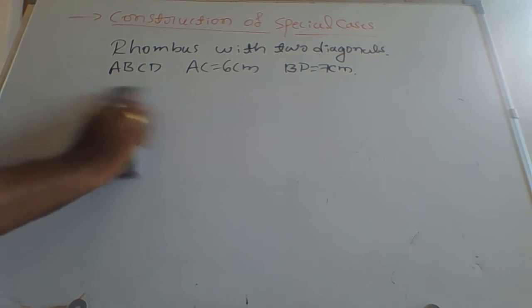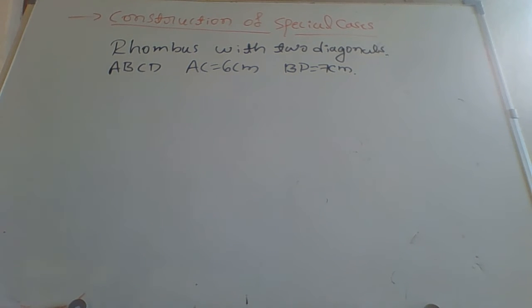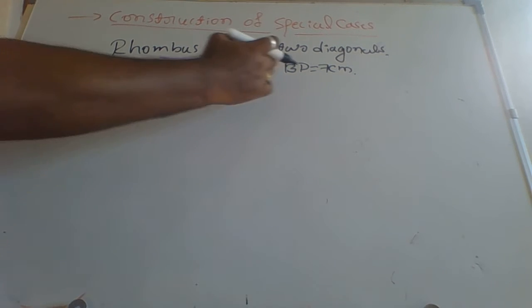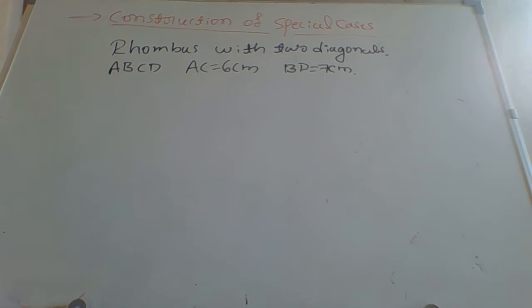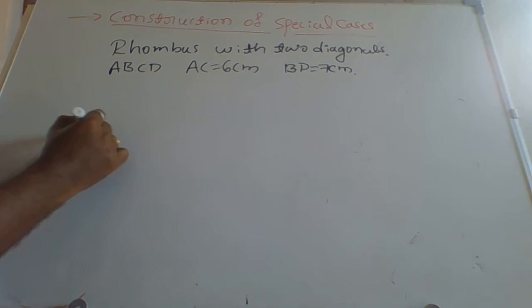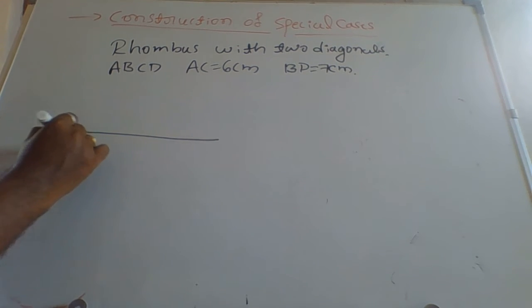So here they are given two diagonals. First I will construct one rough diagram. I will consider the diagonal BD as the base.